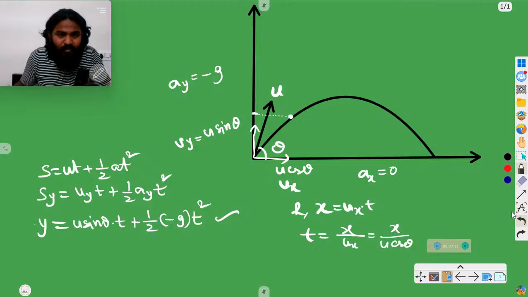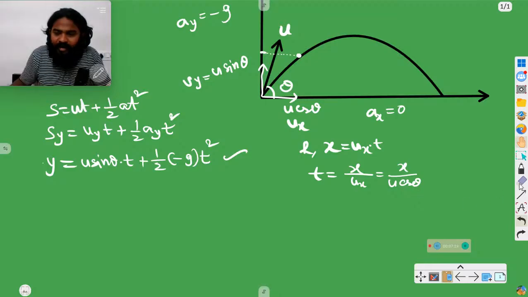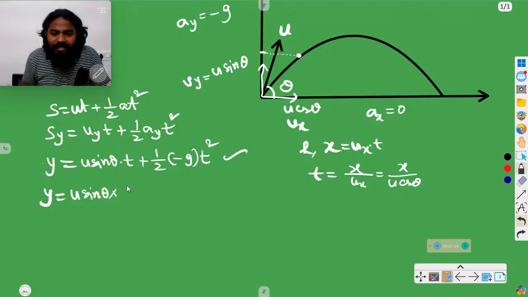And next what we do is we'll try to substitute the t value in this. So y is equal to u sin theta into, what is t? X by u cos theta, right?